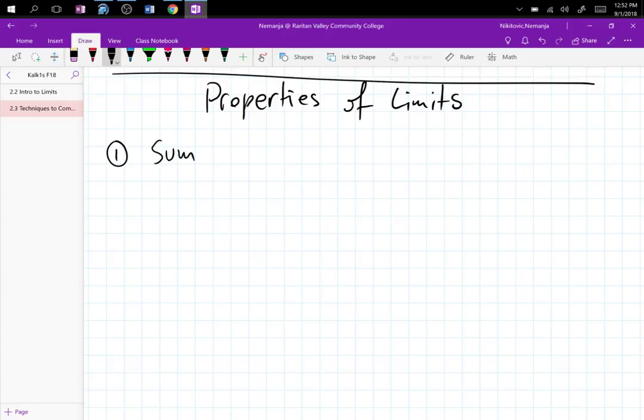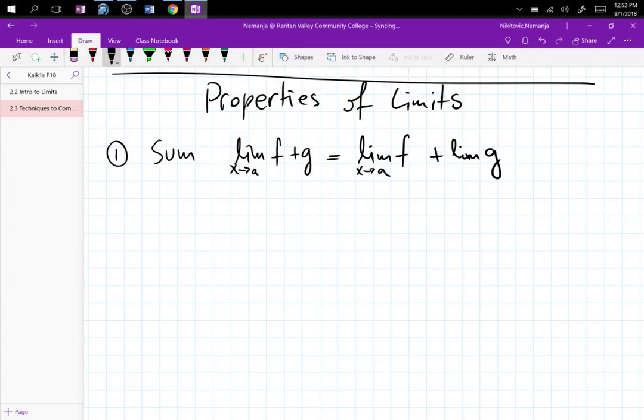Sum. Limit of f plus g as x goes to a is the limit of f plus the limit of g as x goes to a. So if you have a sum of two functions, you can do individual limits and then add everything at the end.